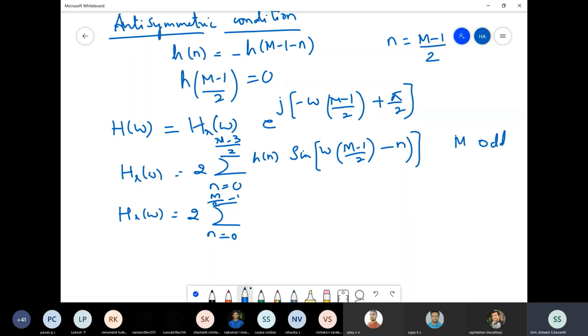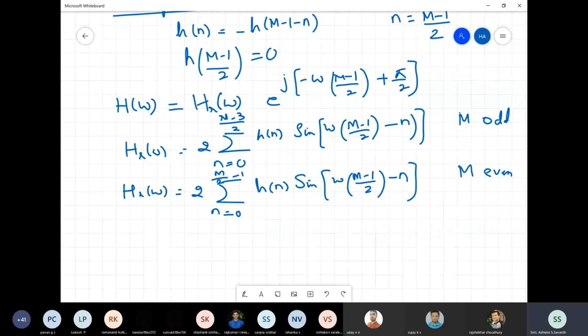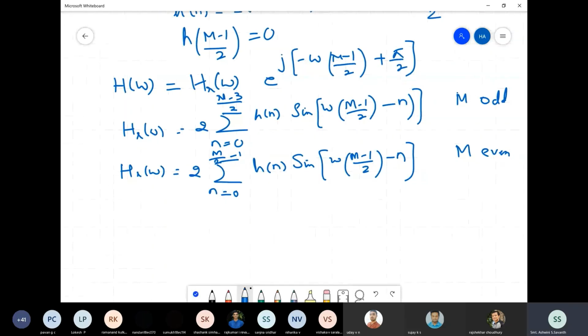This is when M is even. So just look at the phase response: minus omega into (M minus 1) by 2 plus pi by 2. Again, it's a linear equation. So that linear phase characteristic will always be there for an FIR filter.